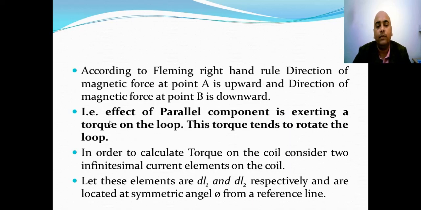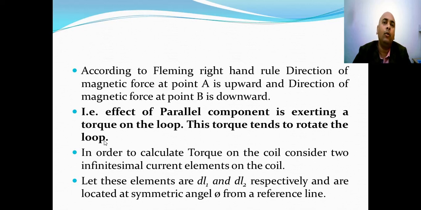So the effect of the parallel component is exerting a torque on the loop, and this torque tends to rotate the loop. Now we have to calculate the expression of torque experienced by a current carrying loop placed in magnetic field.